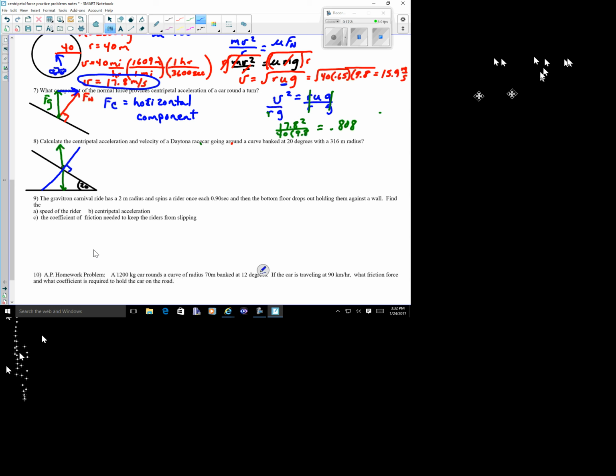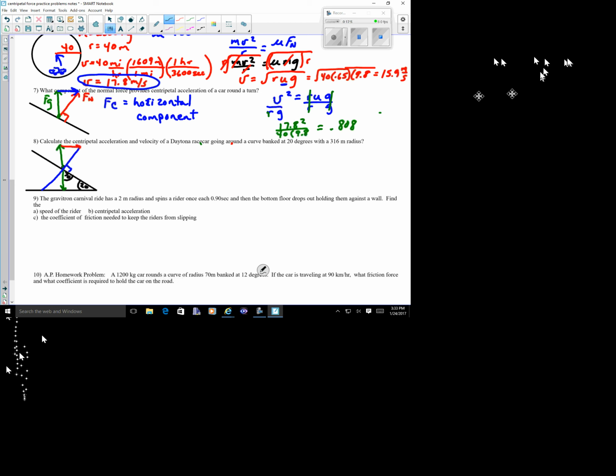And then that means that the centripetal force is going to be pushing this way. Now, you have to follow me. If that is a 20-degree angle down here in the lower right-hand corner, and that black line makes a right angle with the blue line, that means that this angle right here must be a 70-degree angle.